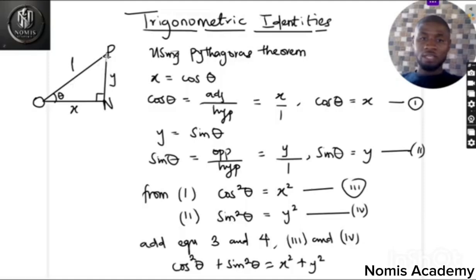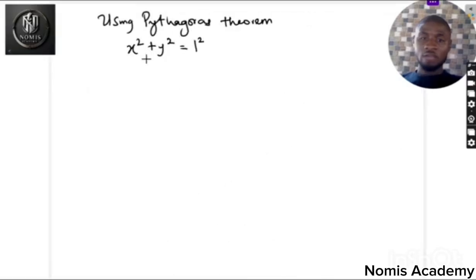Since the hypotenuse is 1, the adjacent is x and the opposite is y, we have x squared plus y squared equals 1 squared, and that gives us x squared plus y squared equal to 1.